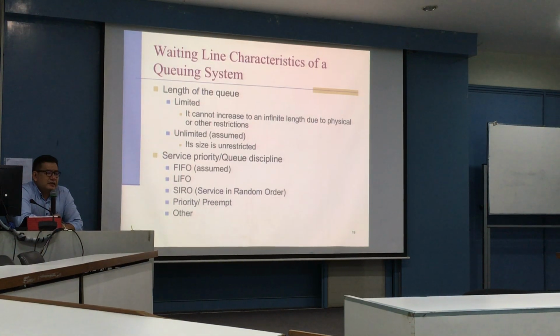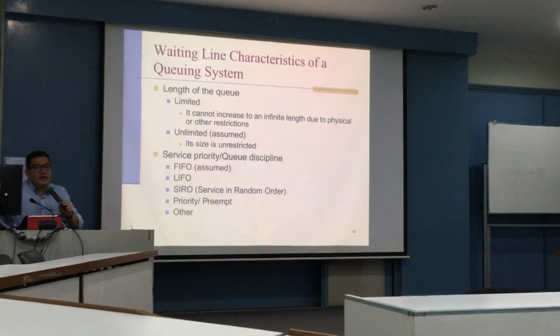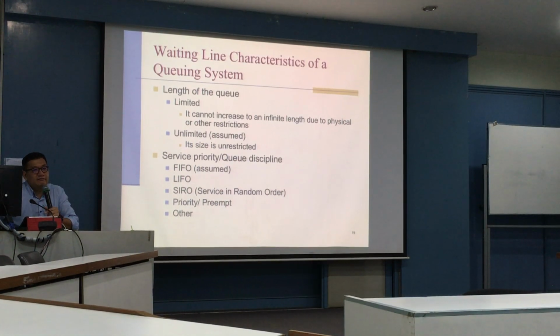For example, think about the parking of cars that we have available in the case that you have a drive-through service. So maybe you have slots for just 4 cars. So car number 5 cannot enter the system because we have no space. So that would be the restriction due to the place, right? So it's going to be the limited length of the queue. But in our class, we assume that we have no limit. So the queue can be 10 kilometers, 20 kilometers, that's fine.